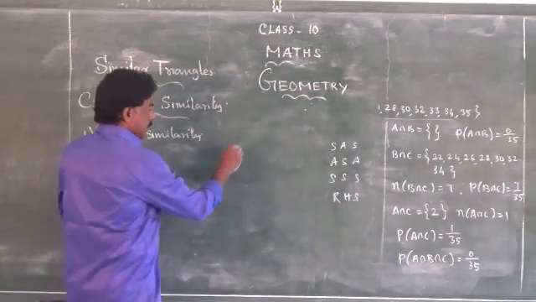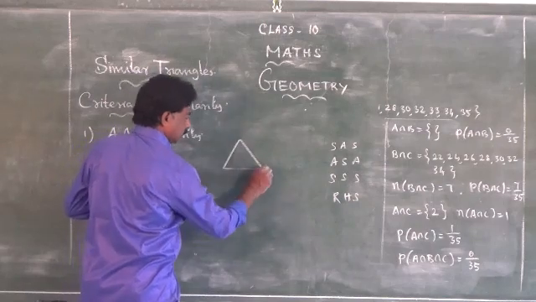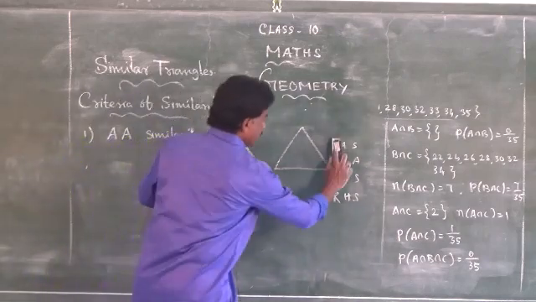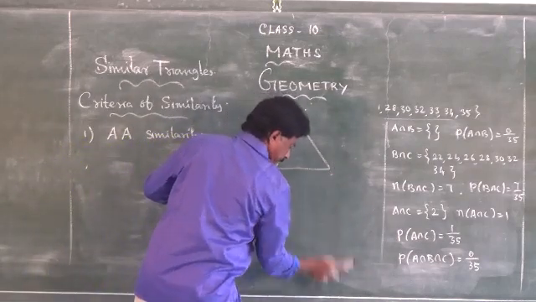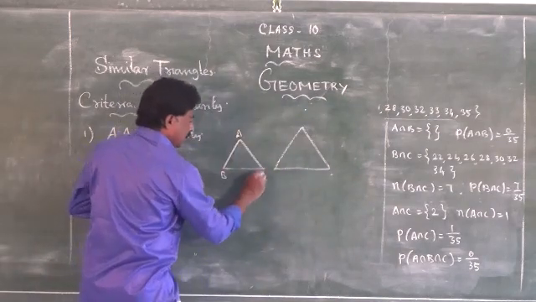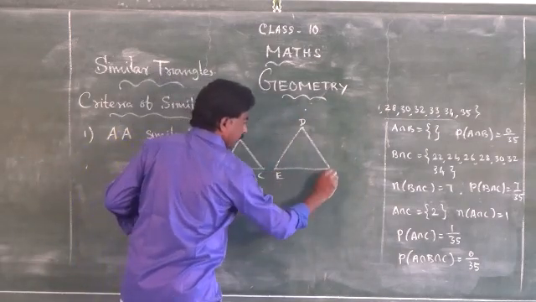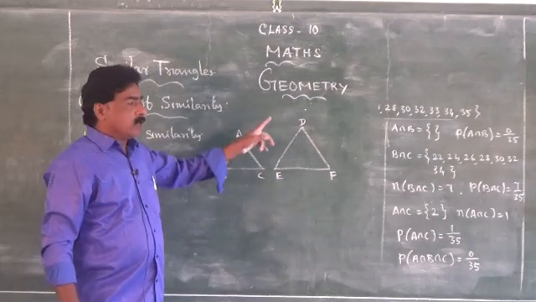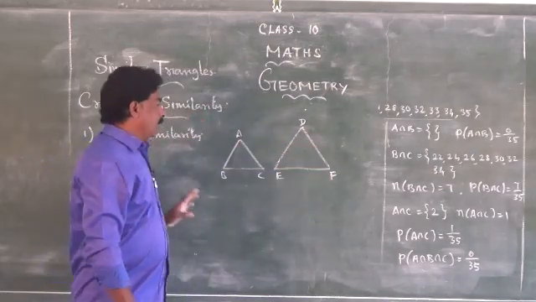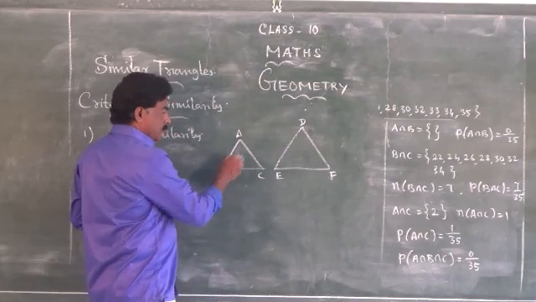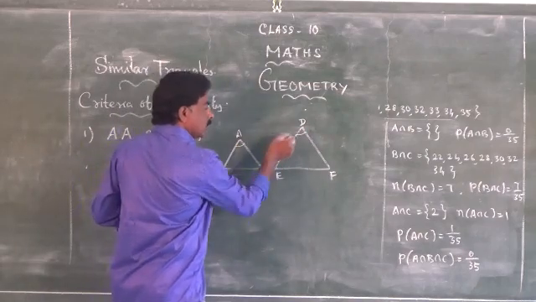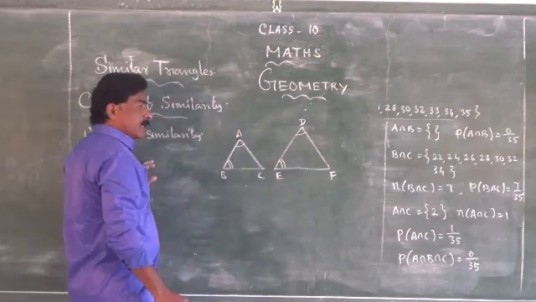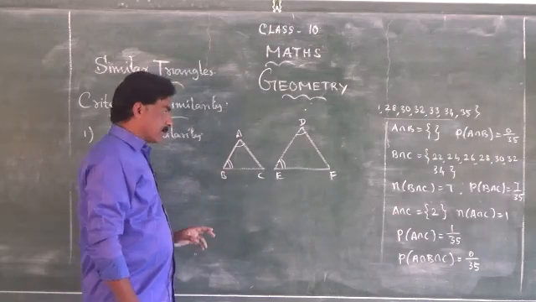Suppose two triangles, ABC and DEF. If two angles of one triangle are equal to two angles of another triangle, then we can say that the two triangles are similar. Suppose angle A is equal to angle D and angle B is equal to angle E. Then we can say that these two triangles are similar.